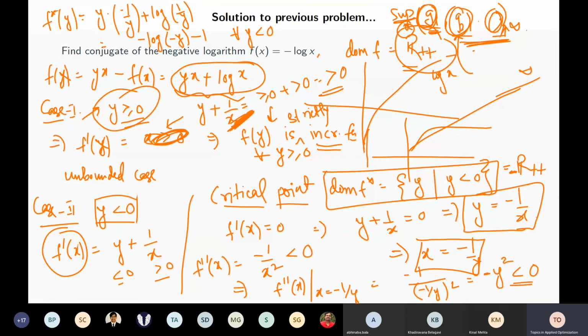Still fixed but arbitrary, and greater than or equal to 0. So I'm not really varying y. My concern is, are these guys going to infinity for arbitrary y greater than or equal to 0 and for all x? That is why it's important for us to see these as a function of x, and y is kind of fixed. Then I make a global statement that for y greater than or equal to 0, it is surely going to be unbounded.